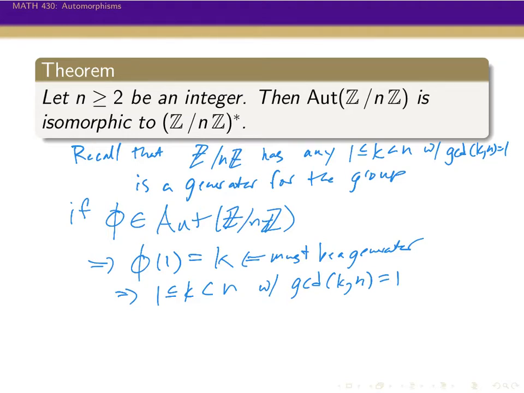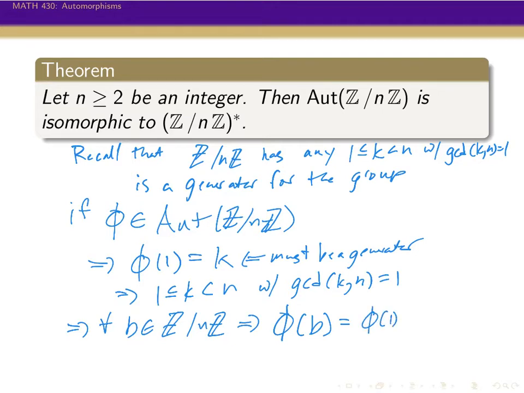And then this means that for any other b in Z mod nZ, phi of b is going to be equal to, well, we can think about b as just being 1 added to itself b times.